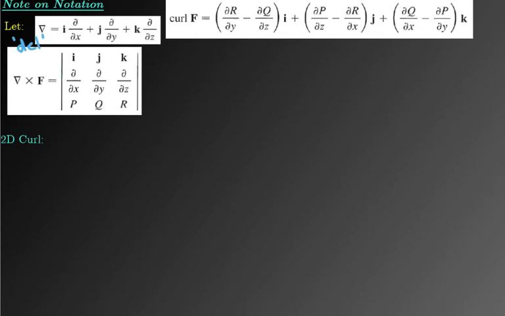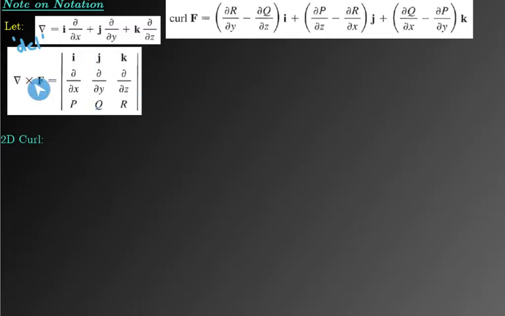Nabla is like Latin somehow for a harpsichord thing, or whatever those are called. They kind of look like that. And so that's somehow the connection. But it is sometimes also called just the Del operator. You see it a bunch in vector calculus. It's related to divergence as well, which we're going to see here in a bit.